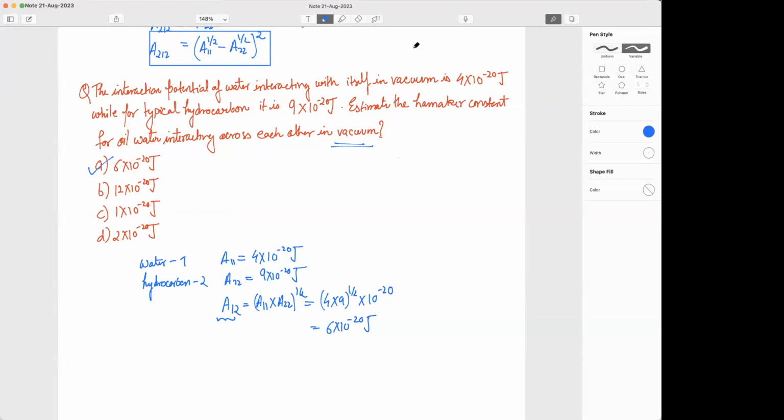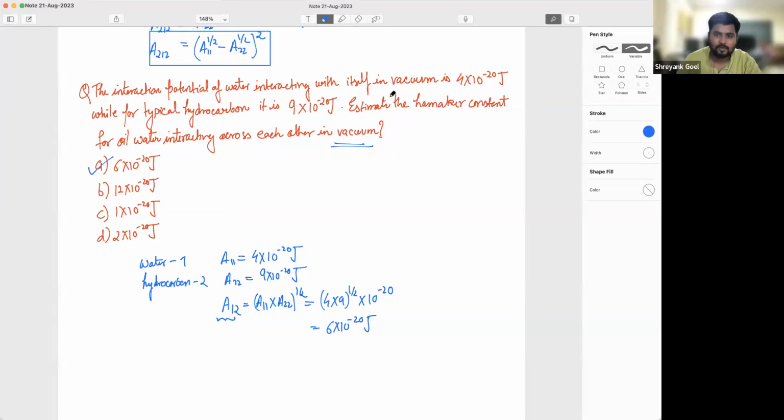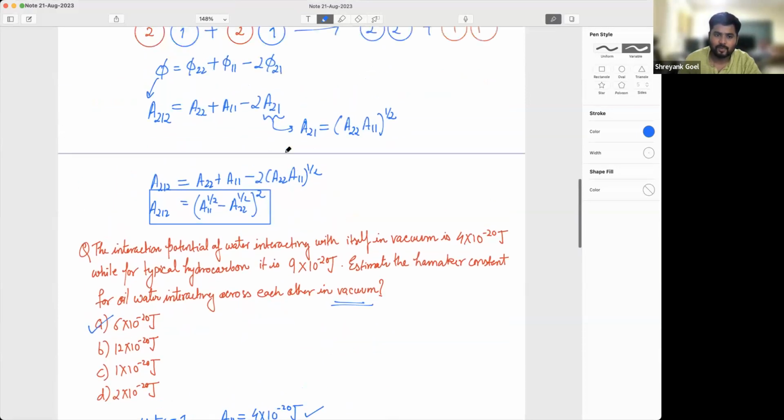Sir, can you explain this again? So A11, A22 is given. That is fine. Now we are saying oil and water is interacting. So there is an interaction between the molecule of water and the molecule of oil. So A12, and that is in vacuum. When there is no medium, then it is vacuum.